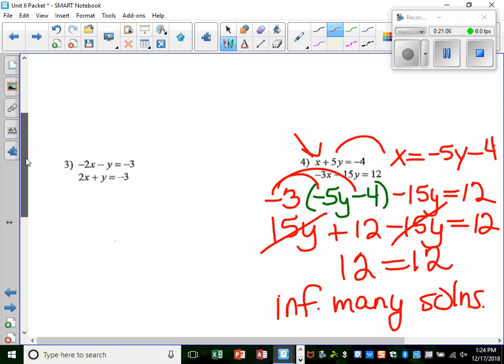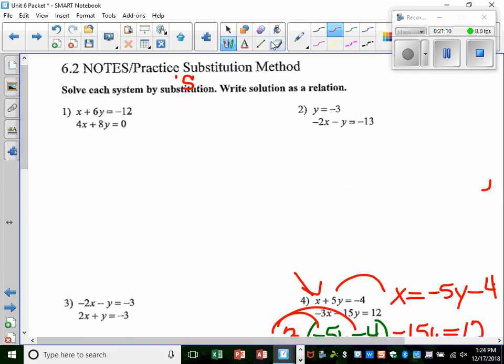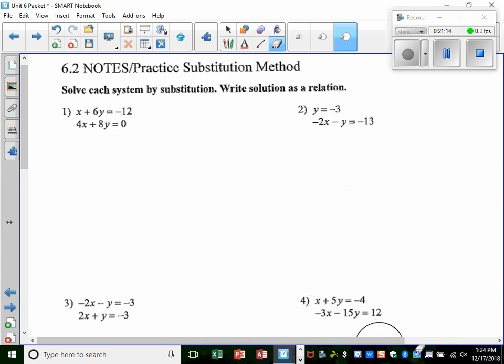All right, we're going to go back to, like I said, number 2. The good thing about number 2, step 1 is already done. How do I know that? You already have one of the variables isolated, y equals negative 3. So you already have the y coordinate. So technically you're only finding x. So this is like half of the steps. Step 1 is done.